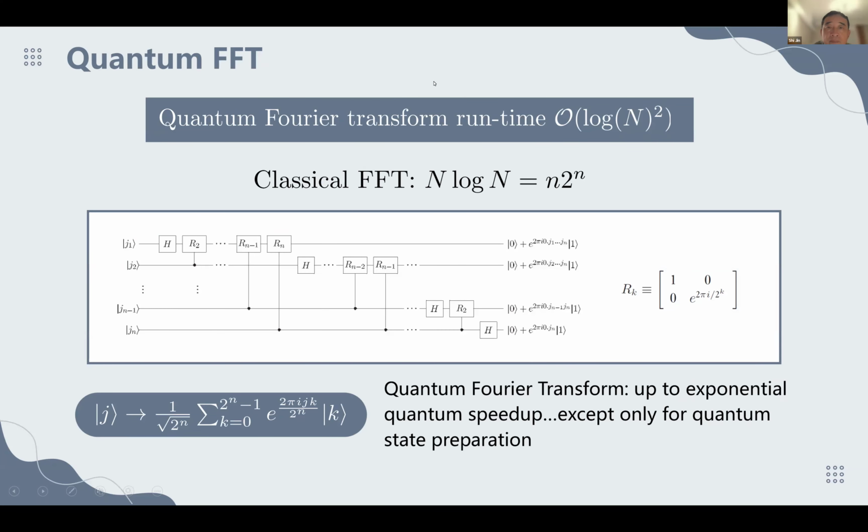An important algorithm is the quantum fast Fourier transform. We know the classical discrete Fourier transform has n squared complexity when you want to use n pieces of data. So classical FFT reduces that to n log n.